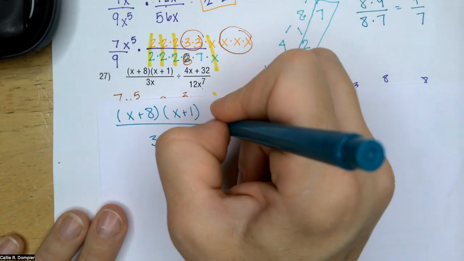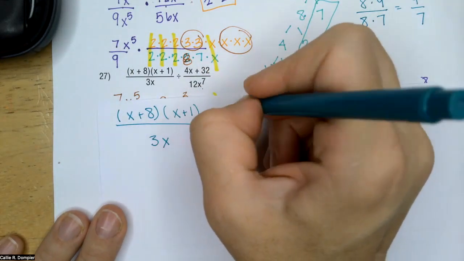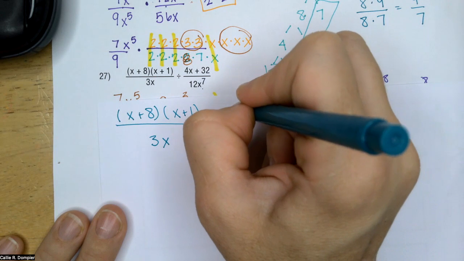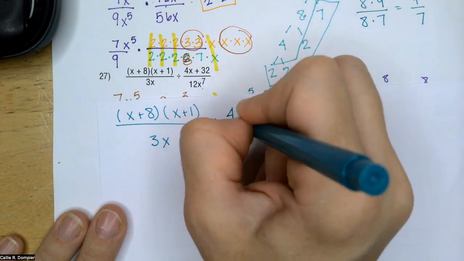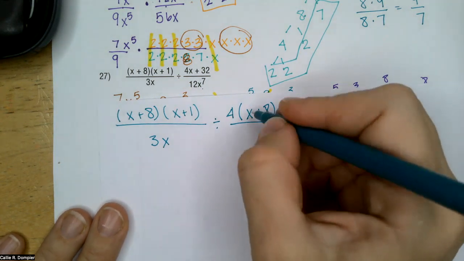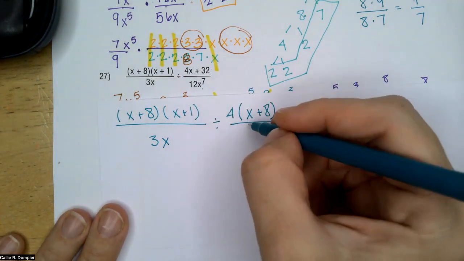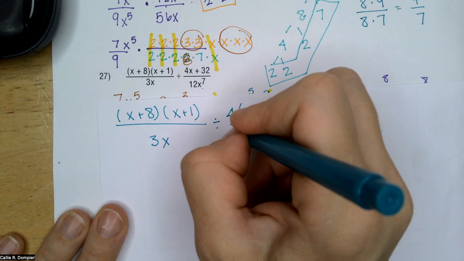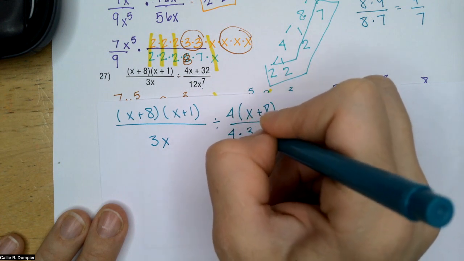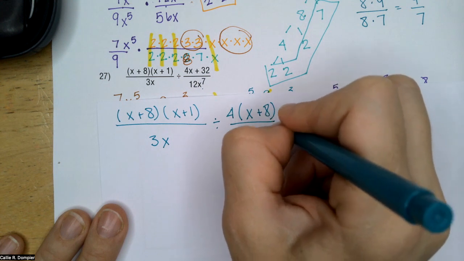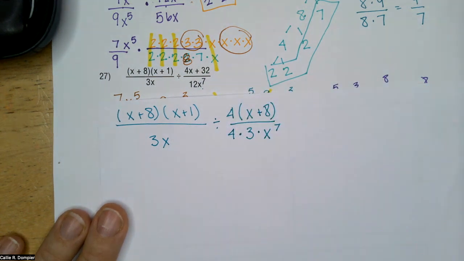So I'm going to call this 4 times x plus 8. And then if I've factored out a 4 here, that 12 I can turn into 4 times 3, right? Why would I do that? So that I can cancel out the 4s.